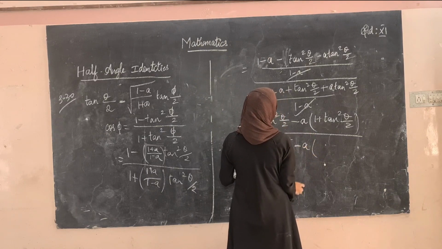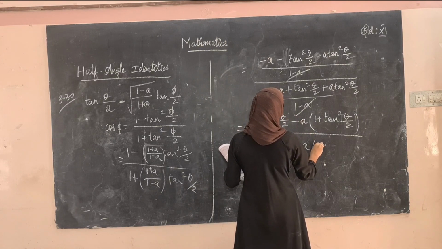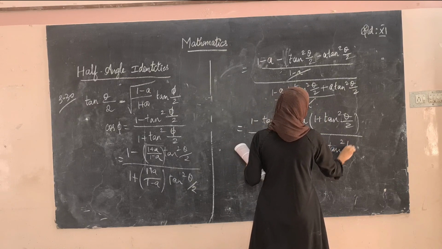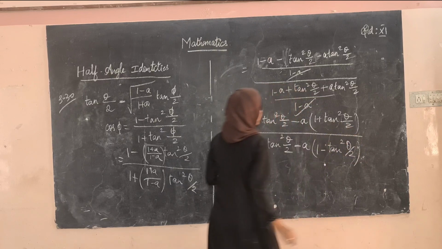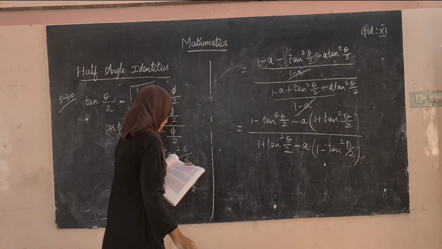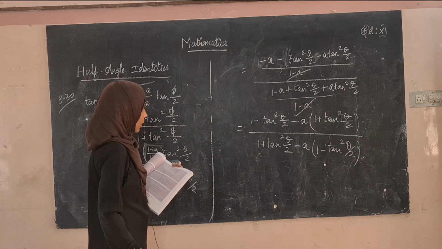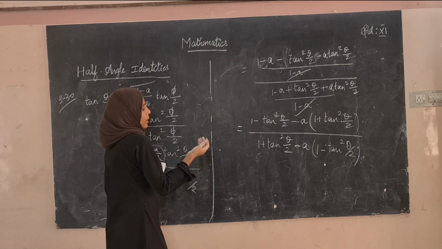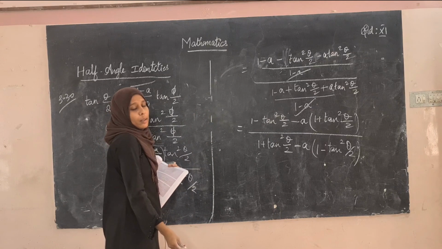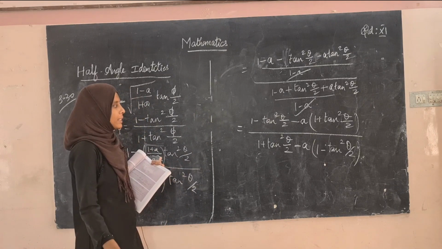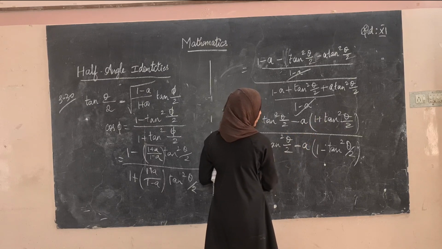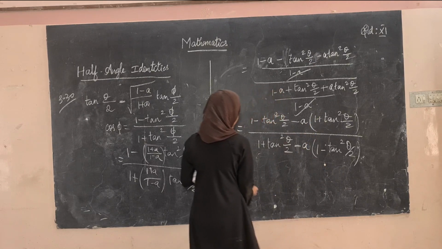If you take minus a common, you will get here 1 and here it will be minus tan square theta divided by 2. Now what you can do is divide both numerator and denominator by 1 plus tan square theta divided by 2.